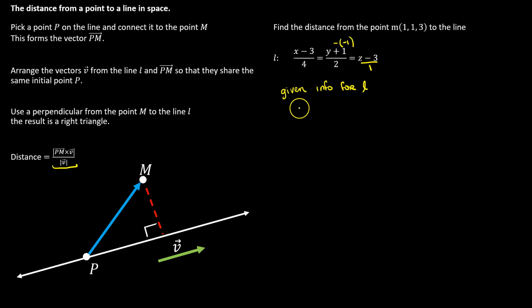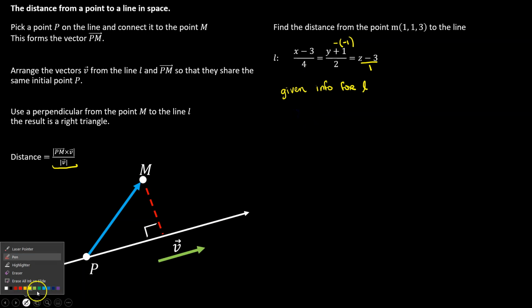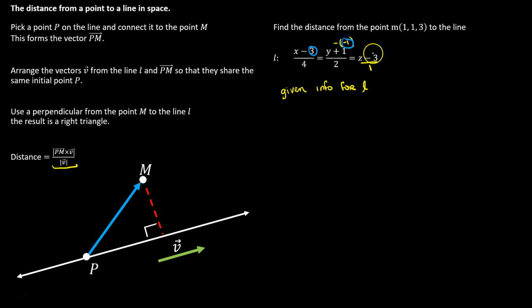From here, we can tell that the point P at x0, y0, z0, let's color code this, has the points 3, -1, 3. So the point P is at 3, -1, 3.